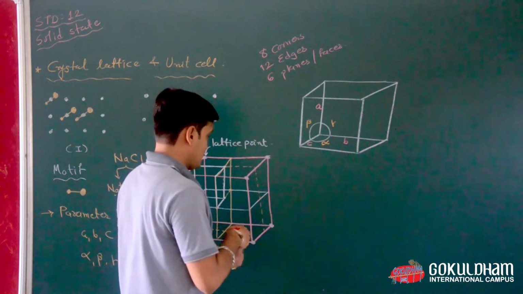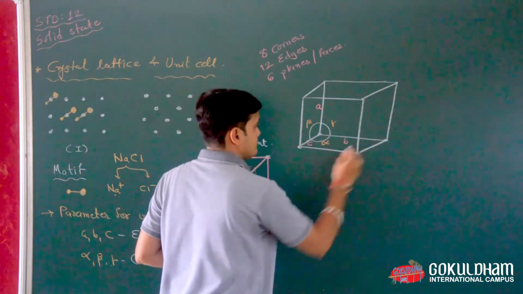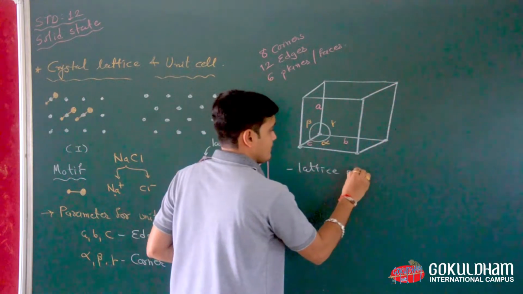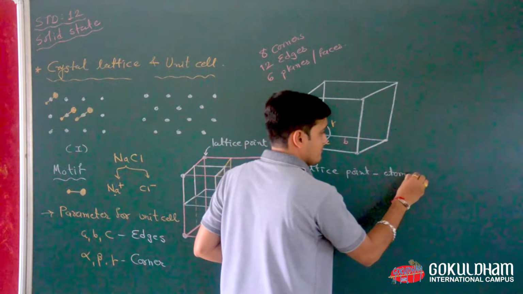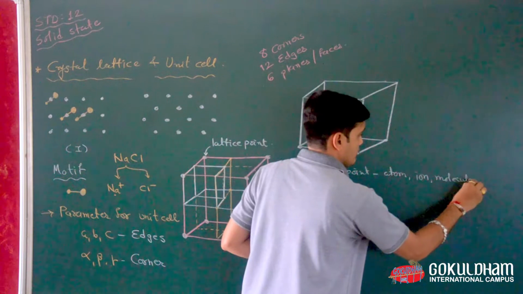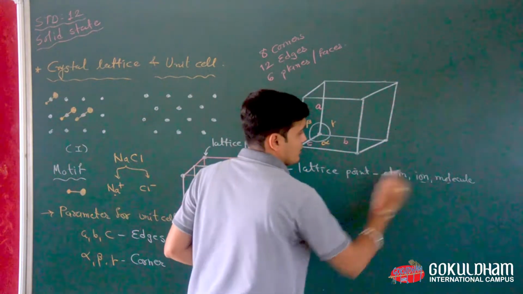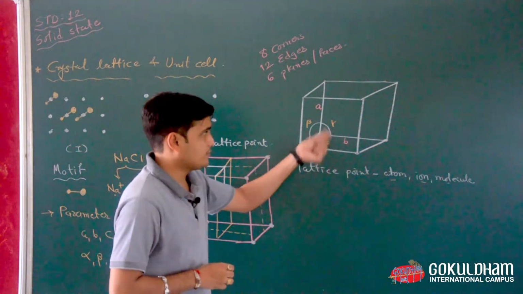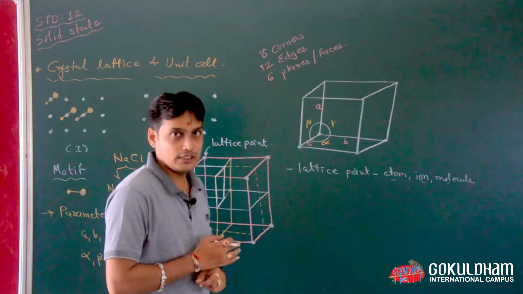These points are known as lattice points. A lattice point can be any atom, ion or molecule. These lattice points may or may not be perpendicular to each other.